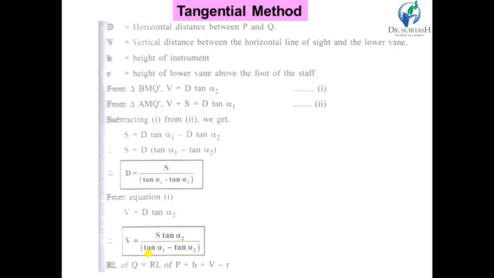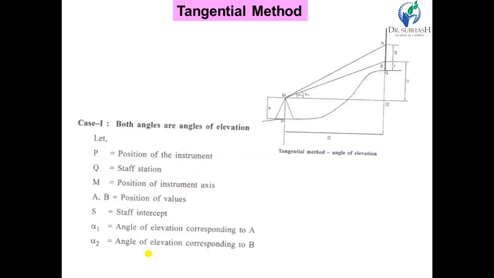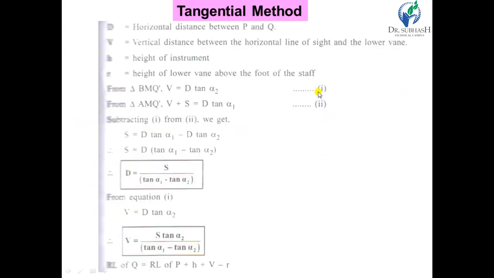Now we consider triangles BMQ dash and AMQ dash. For the different triangles, the value of elevation V is equal to, for the BMQ dash case, D tan alpha 2, and for the AMQ dash triangle, V plus S is equal to D tan alpha 1, right?